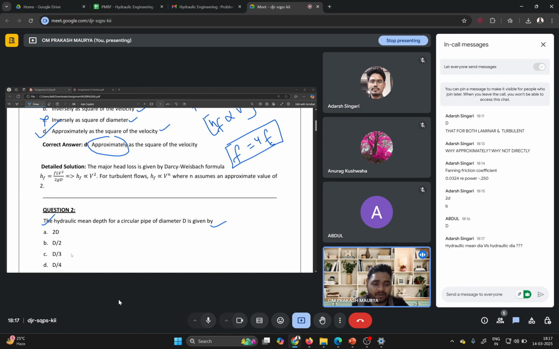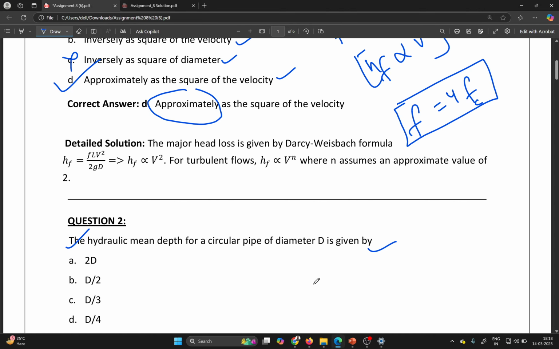So hydraulic mean diameter, or hydraulic diameter, is the same. Okay, let me discuss. The question here is about the hydraulic mean depth.